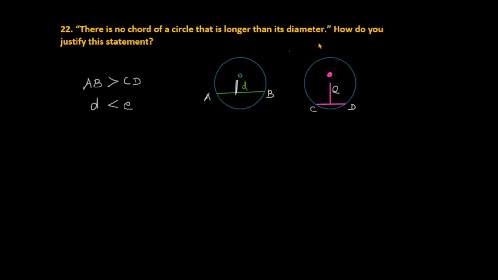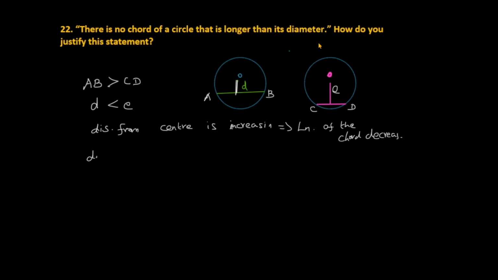So, understand this. The distance from the center and the length of the chord are inversely related. When the distance from the center is increasing, the length of the chord will decrease.